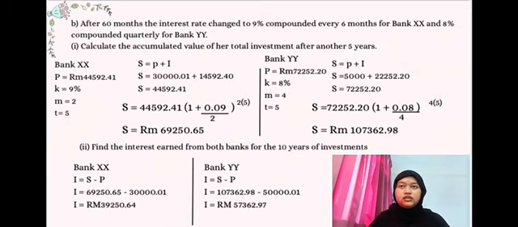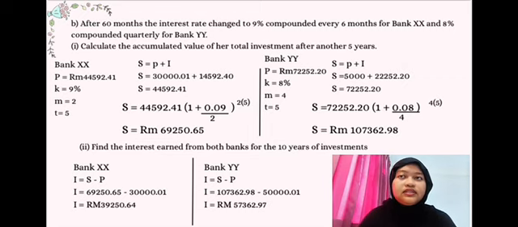For question B: after 60 months, the interest rate changed to 9% compounded every 6 months for Bank XX and 8% compounded quarterly for Bank YY. Calculate the accumulated value of her total investment after another 5 years.